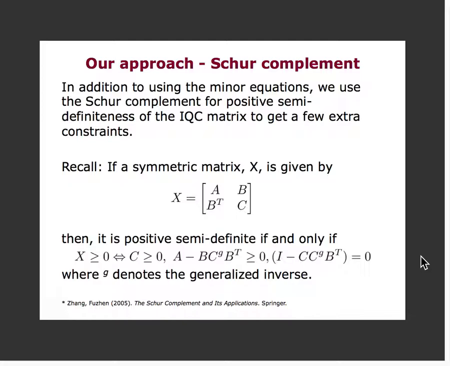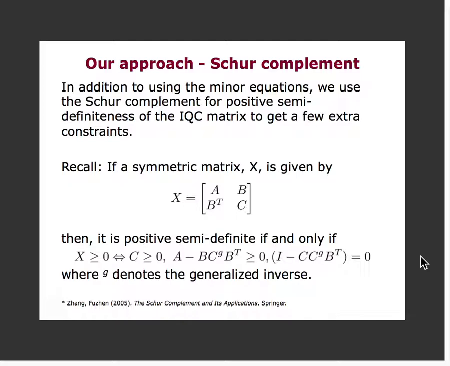The other one comes from applying the Schur complement. We know that the whole IQC matrix needs to be negative semi-definite. So the minus of that matrix needs to be positive semi-definite, and there's a condition for positive semi-definiteness for matrices given by the Schur complement, which is that if the matrix X has this form here, then this thing is positive semi-definite if and only if this matrix here is positive semi-definite.